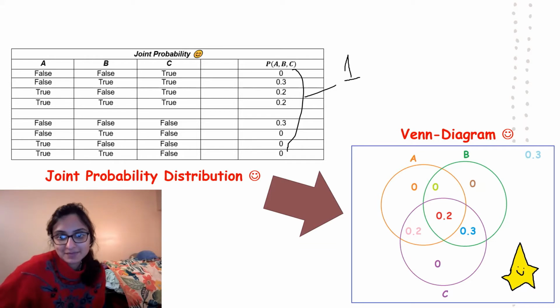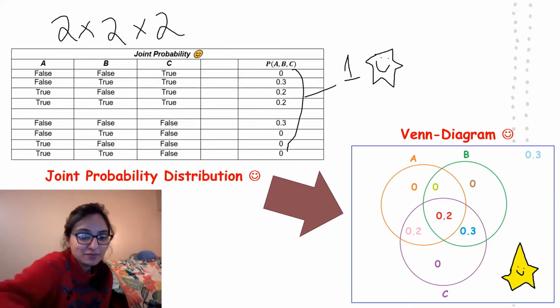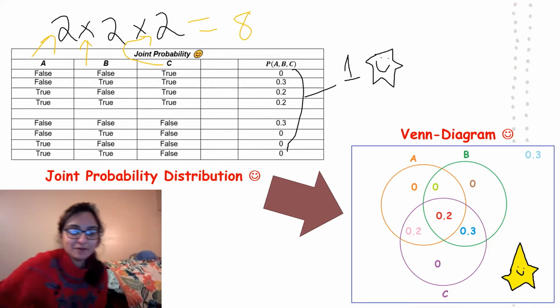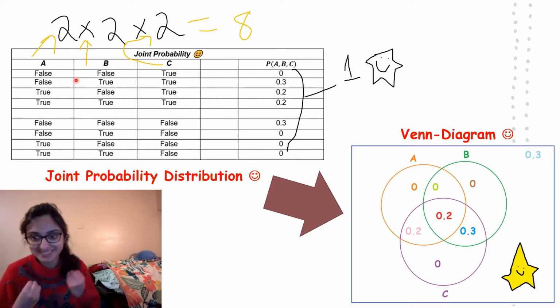There are 8 possible outcomes in this distribution: 2 for A, 2 for B, 2 for C, so 2 times 2 times 2. That's 8 total outcomes, just like the tautology values.